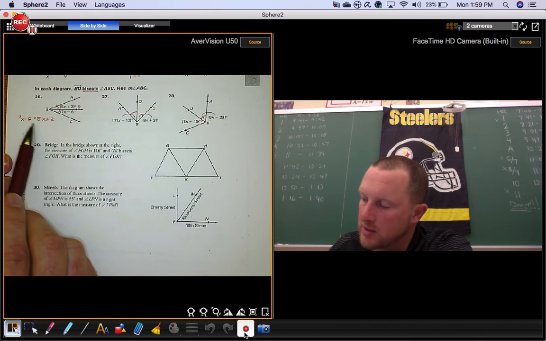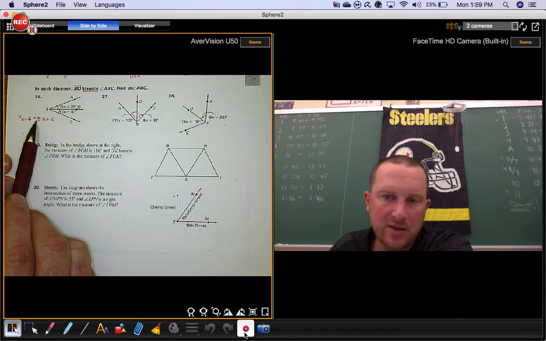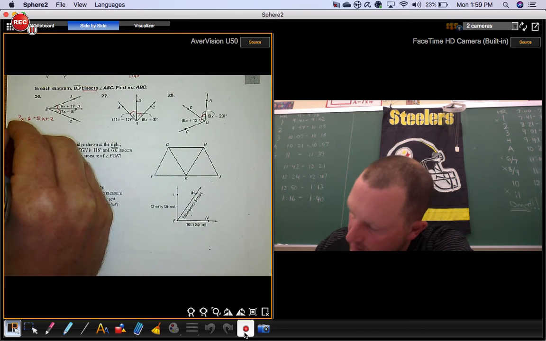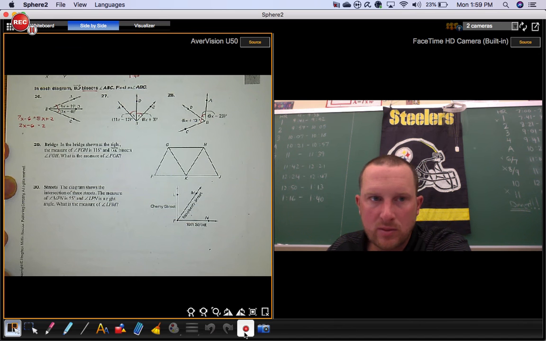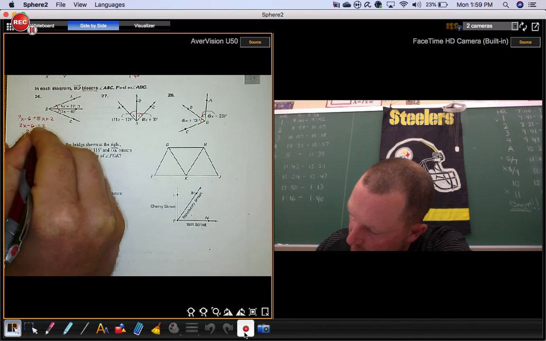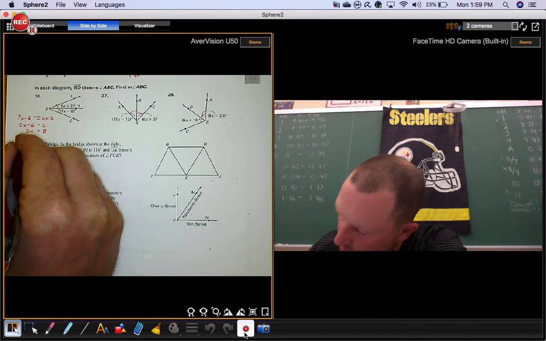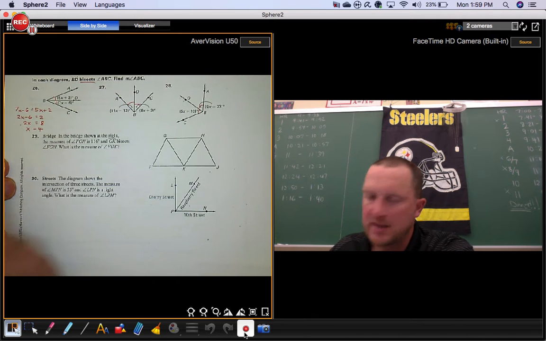But I wrote it this way because the 7x has a bigger coefficient than the 5x. That way when I subtract 5x from both sides, I'm getting 2x minus 6 equals 2. Then I can add 6 to both sides and then divide by 2. x is 4.